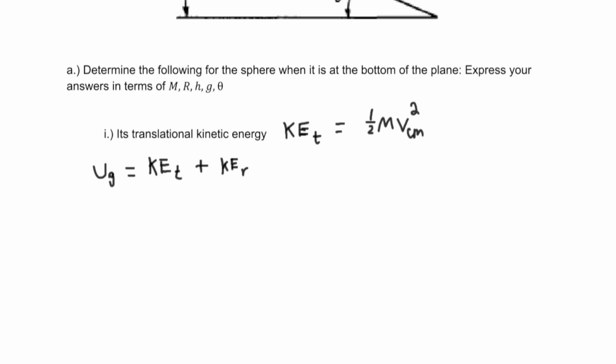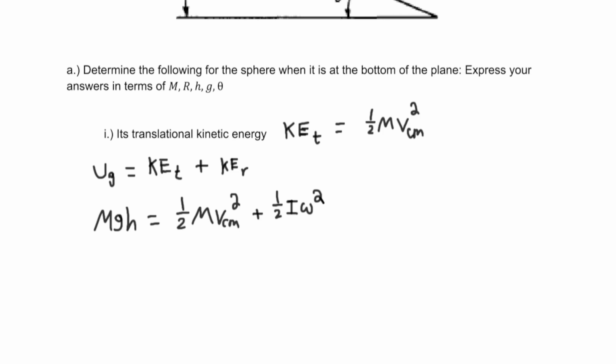And we have formulas for all of these things. Gravitational potential energy is, of course, mgh. Kinetic energy of translation is 1/2 m times v of the center of mass squared. And kinetic energy of rotation is 1/2 times I times omega squared.